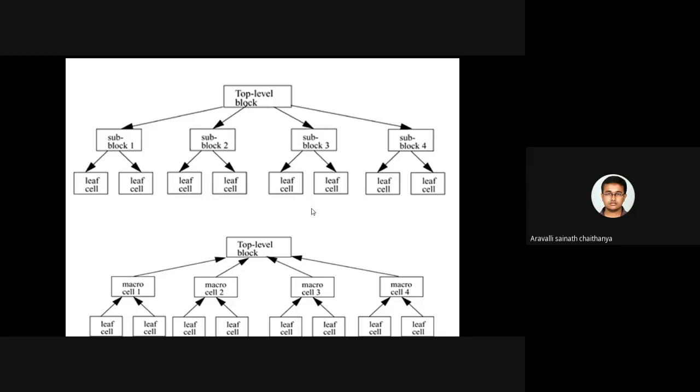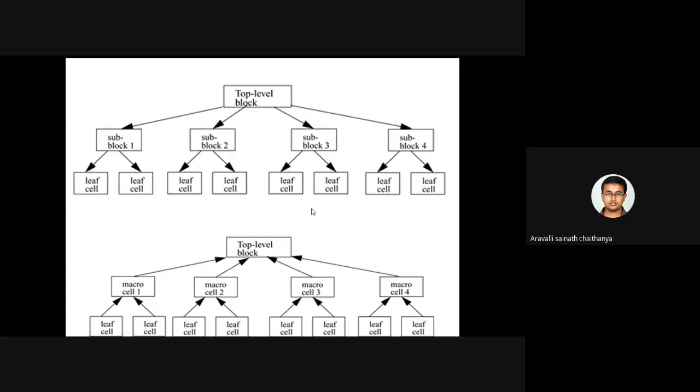But again the sub-blocks have plenty of leaf blocks or leaf cells. So a combination of leaf cells gives you a sub-block or a sub-module, and a combination of many sub-modules gives you a top-level block. This is the top-down design methodology. That means we are coming from the top-level block and going down to the leaf cell.